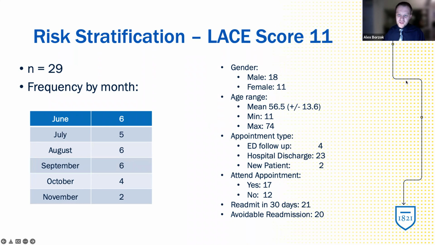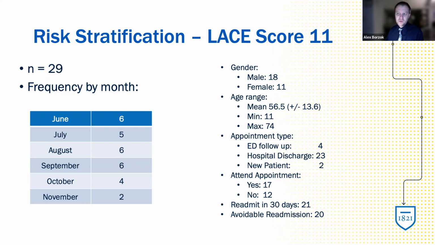Over on this side, we have more descriptive statistics, and a couple of things to point out. As we expected, the mean age of readmission was 56.5 years old. However, we had a range of 11 years old to 74 years old.